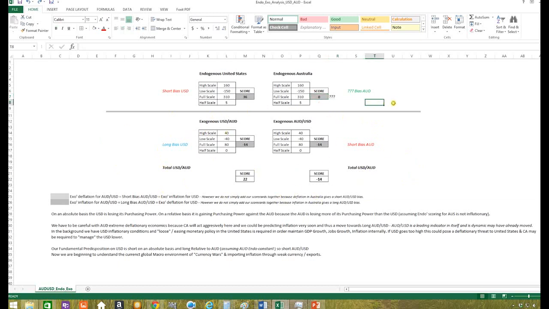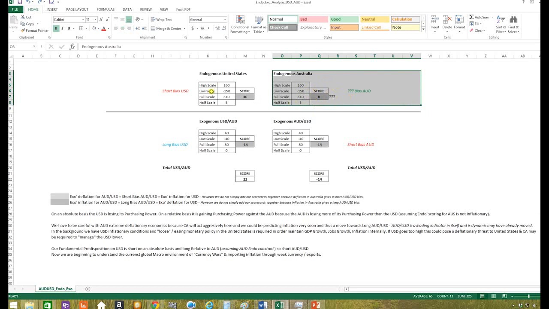But for the purposes of teaching you the whole process, and sticking to the principles of not spoon feeding and a self-starter mentality, we're going to keep the scorecard at 0, and therefore endogenously Australia is being kept at a constant rate.